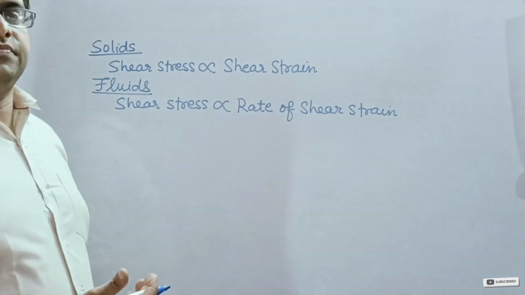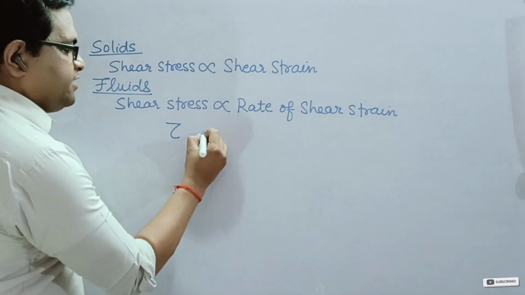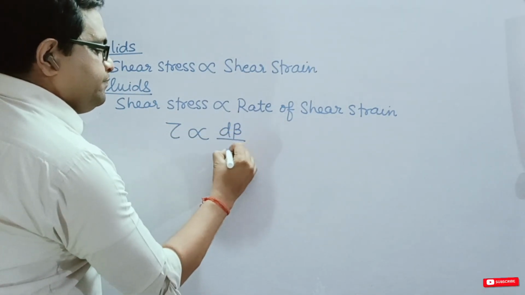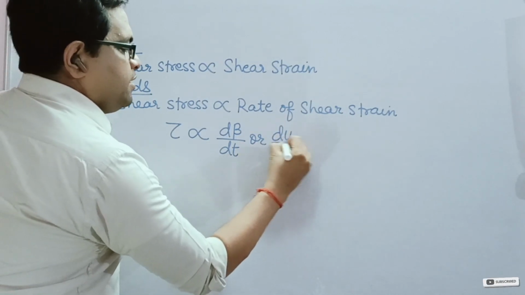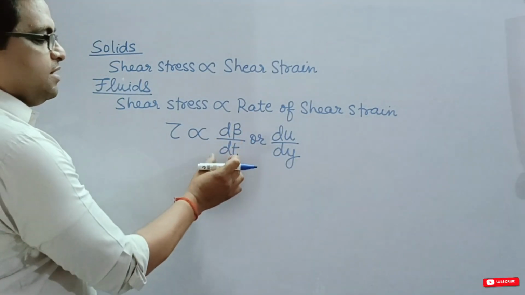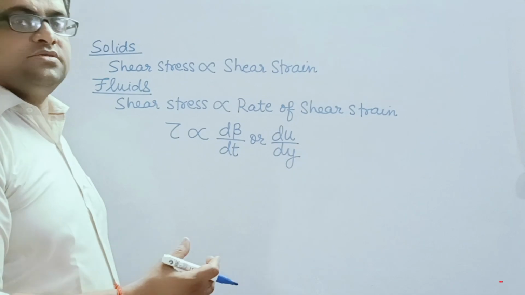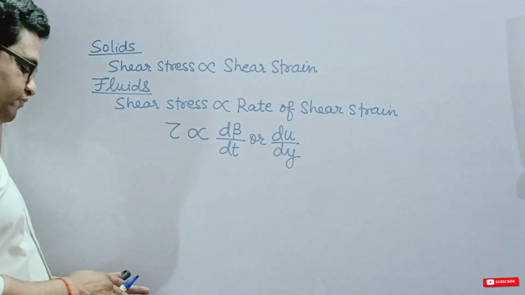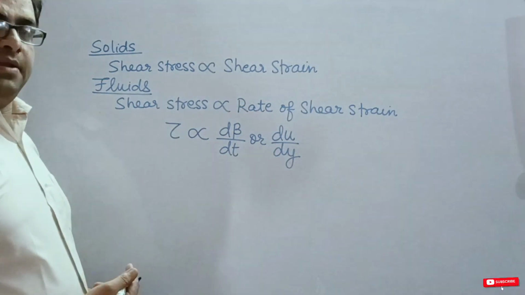And mathematically the Newton's law of viscosity is expressed as tau directly proportional to d beta upon dt, which is equivalent to du upon dy. Here d beta upon dt is the rate of angular deformation, whereas du upon dy is the velocity gradient. Now from this expression we have got the very important property which we call the coefficient of dynamic viscosity.